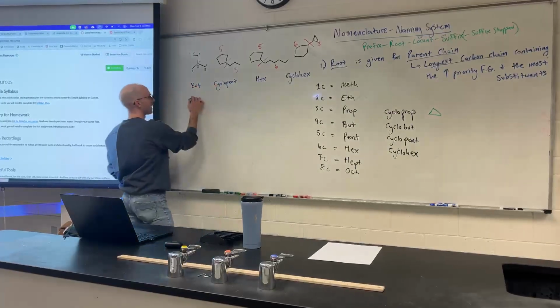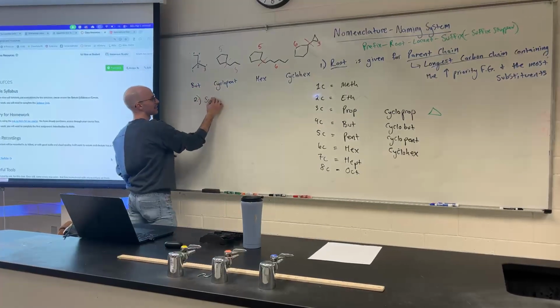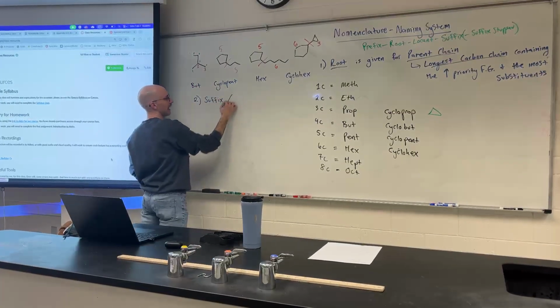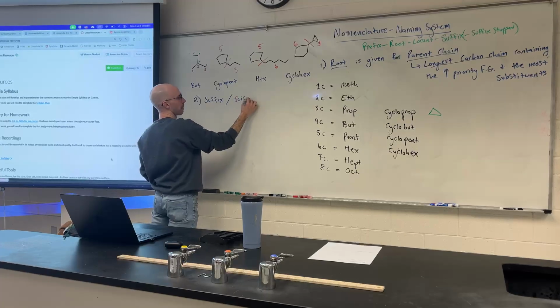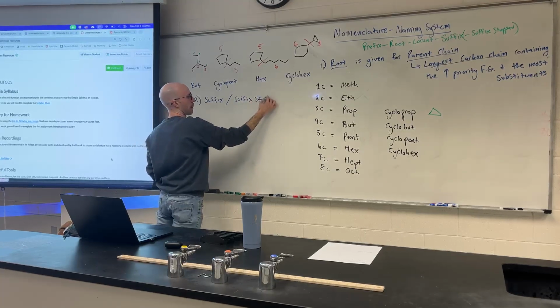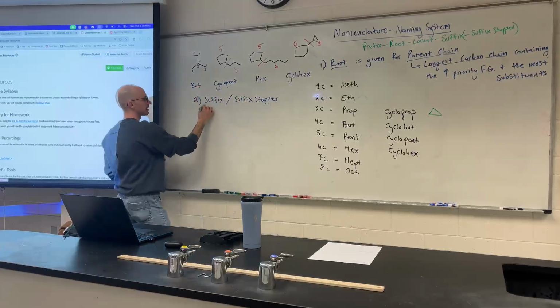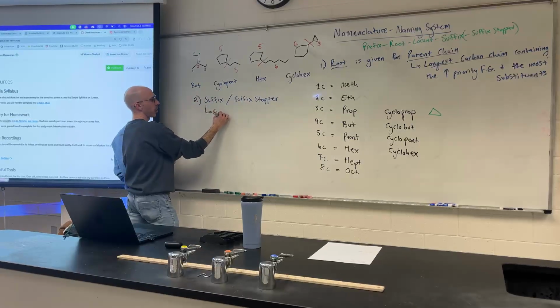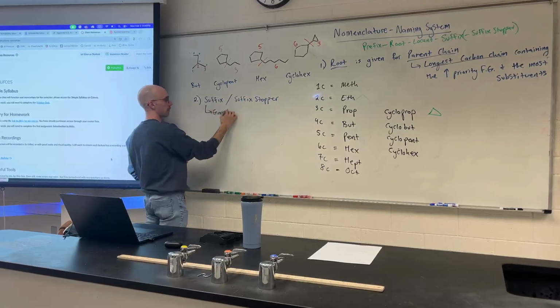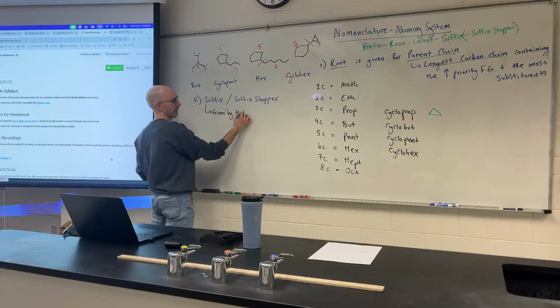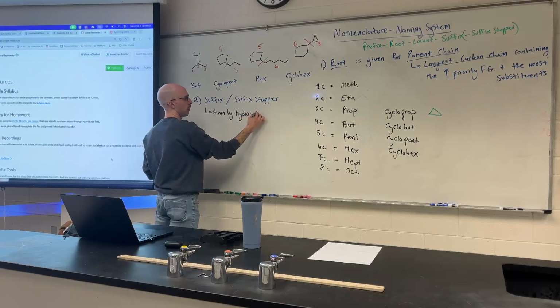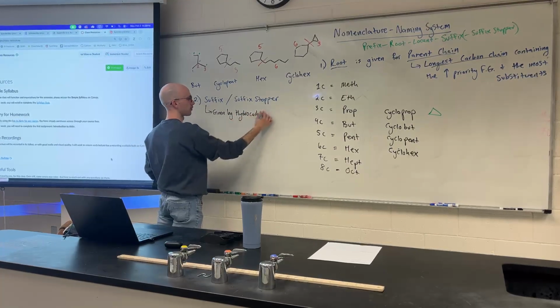The next component that I want to consider with you guys is the suffix and the suffix stopper. The suffix is given by a hydrocarbon functional group. What are the hydrocarbon functional groups?